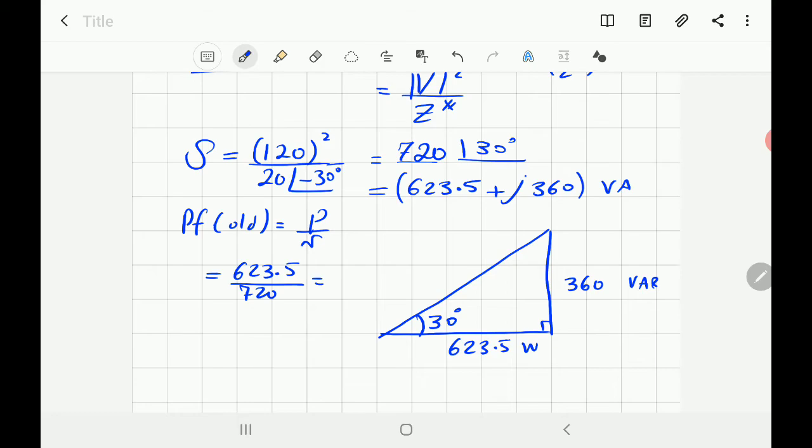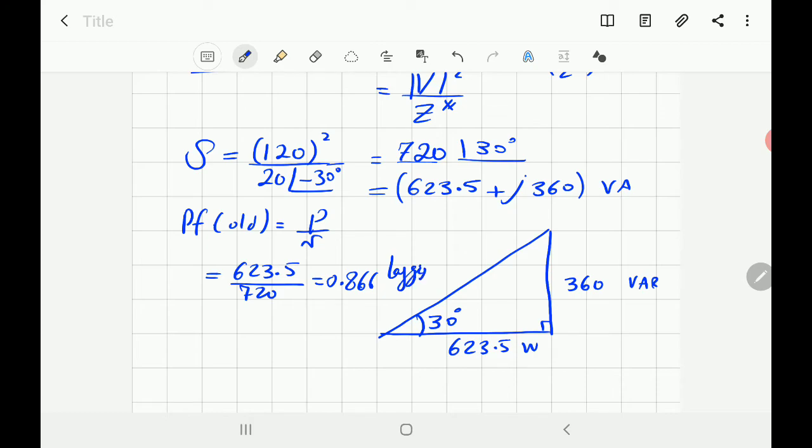Using my calculator, 623.5 divided by 720 is equal to 0.866 lagging. So that's the power factor.